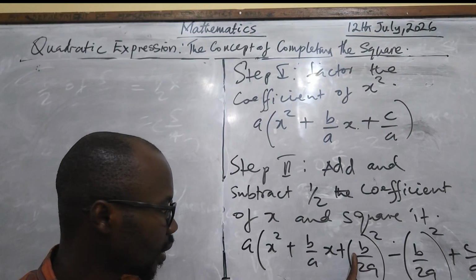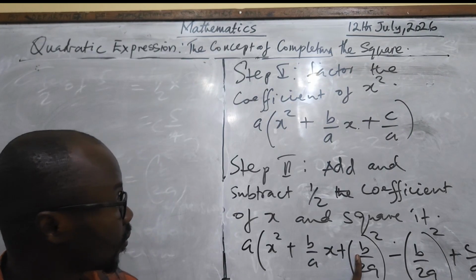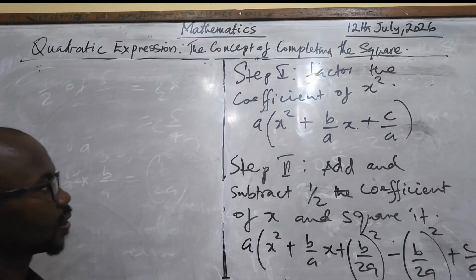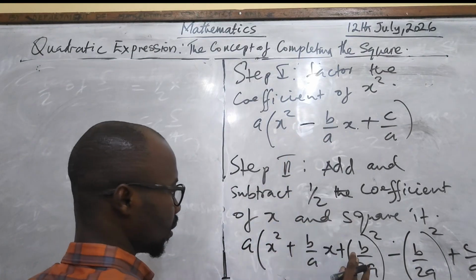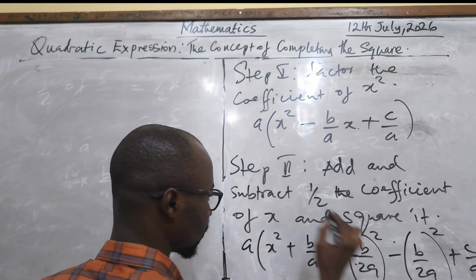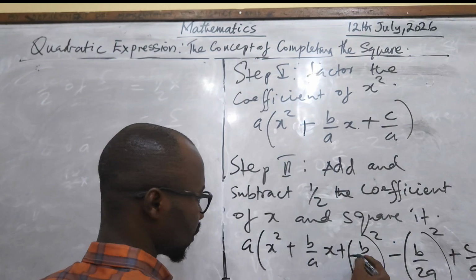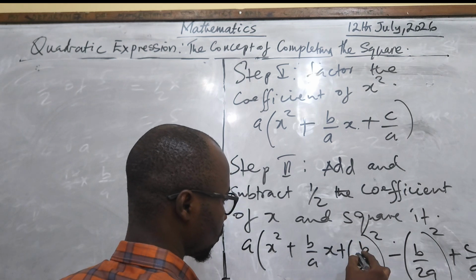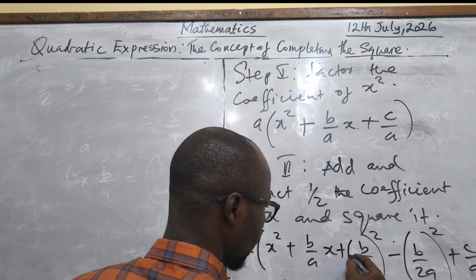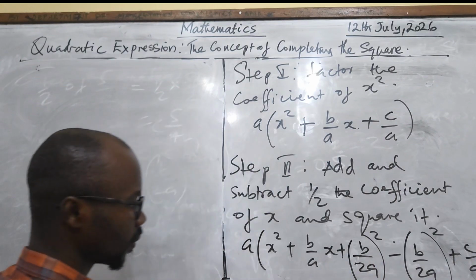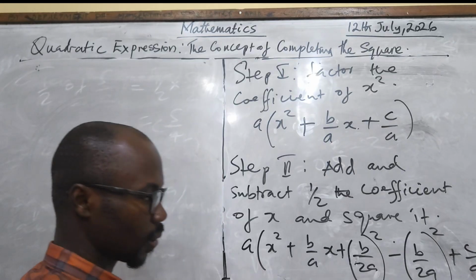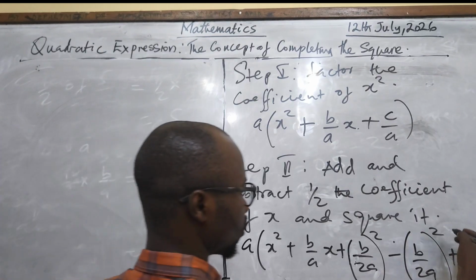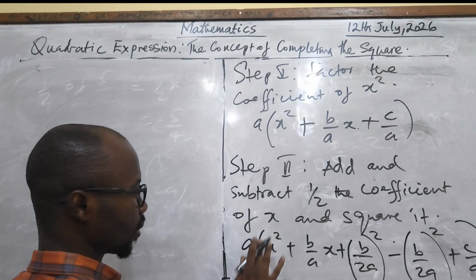Notice the sign here is a positive sign, and the sign here is the same. So if this were a negative sign, here would have been a negative sign. In this case it is a positive sign, but we don't always write a positive sign close to a number. Every number without a negative sign is already a positive number. So I'm going to close the big bracket.